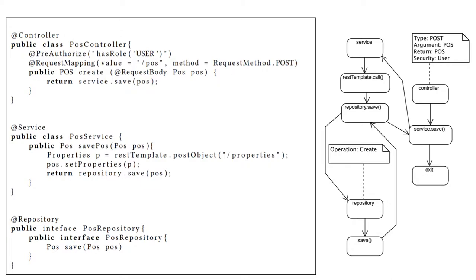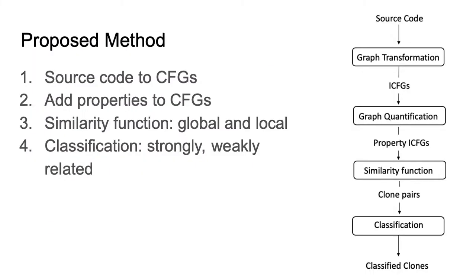The controller gives us properties of a type, argument, return type, and security, and the same can be applied to the service as well. We have here just argument and return type, and the repository as well, the return type and argument, and also a database type operation. As we can see, properties can define a control flow graph. So we take the source code, we make a graph transformation into control flow graphs, as I showed you earlier.